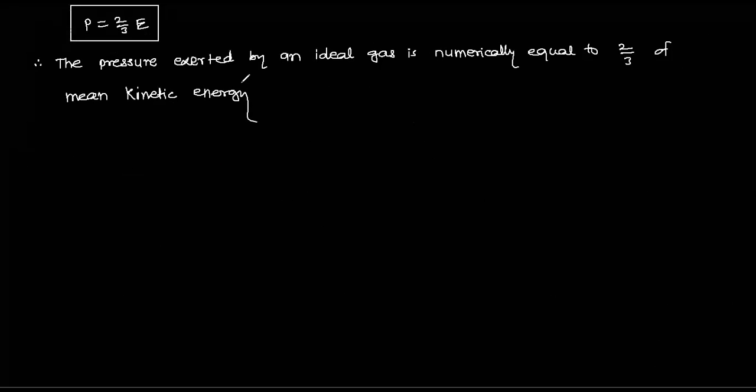The pressure exerted by an ideal gas is numerically equal to 2 by 3 of mean kinetic energy per unit volume of the gas.